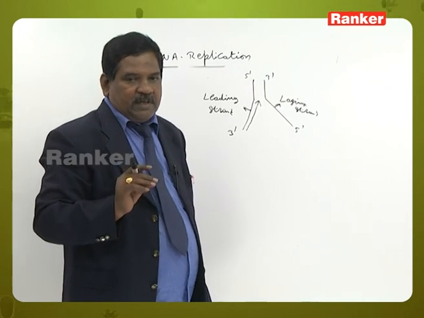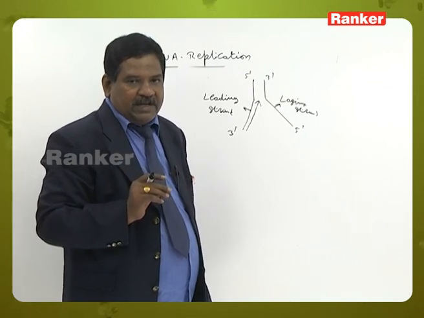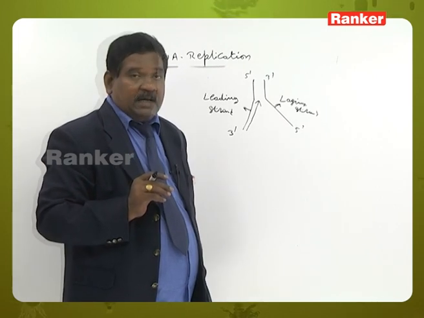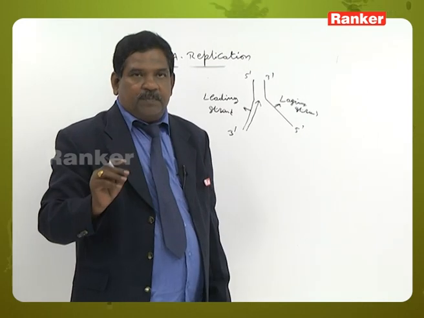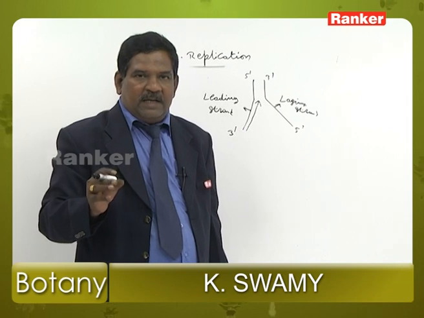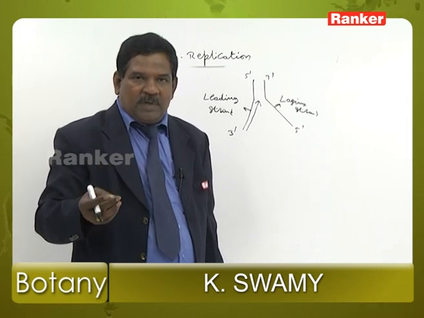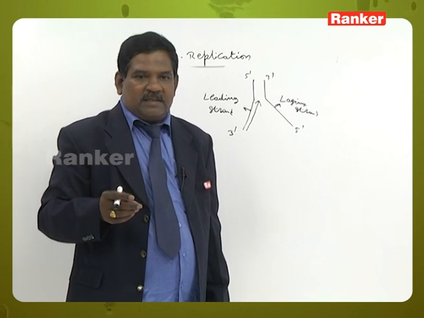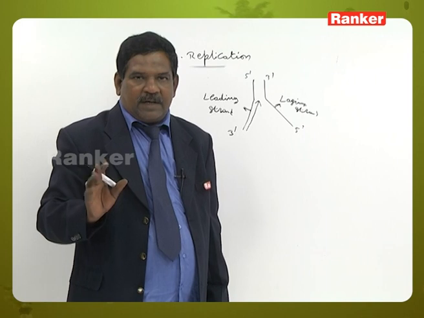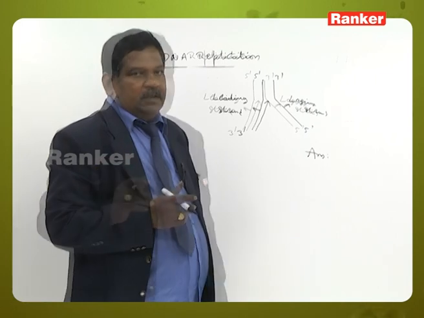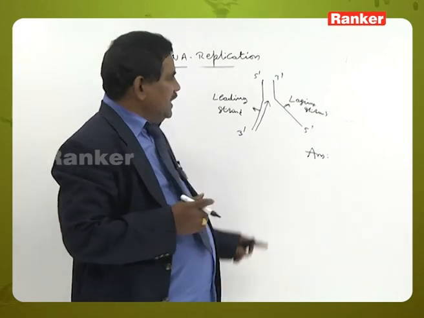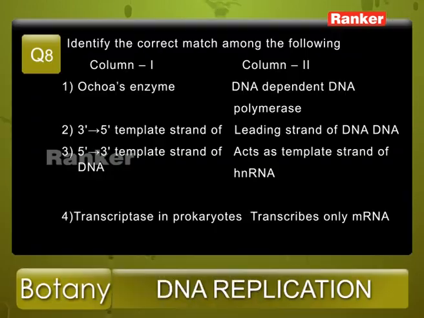And fourth option, transcription in prokaryotes transcribes only mRNA, that is also wrong. In prokaryotes, all types of RNA, mRNA, tRNA, ribosomal RNA, are synthesized. The transcriptase synthesizes all types, not only mRNA. So the fourth option is also wrong. The correct answer is 3' to 5' template strand, leading strand of DNA. So the correct answer is 2.